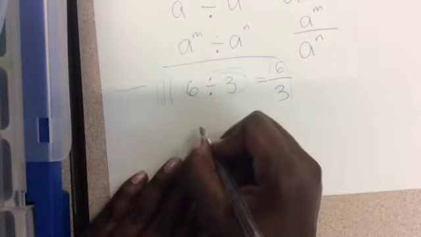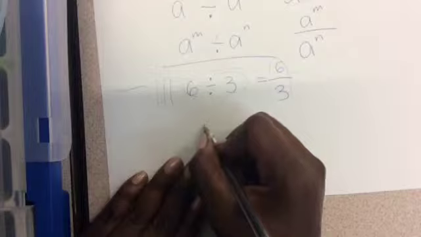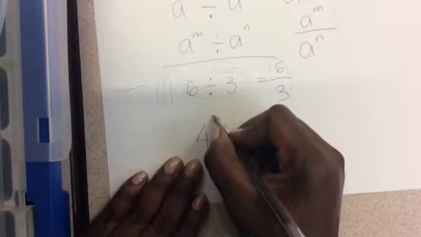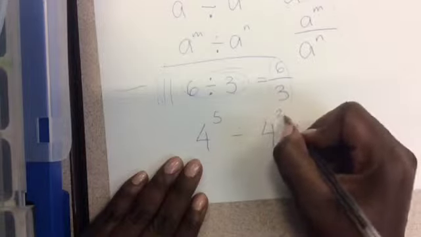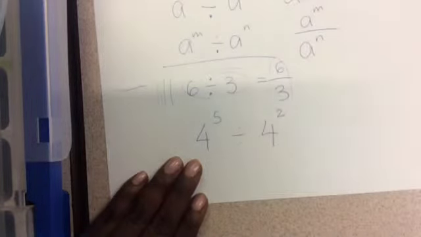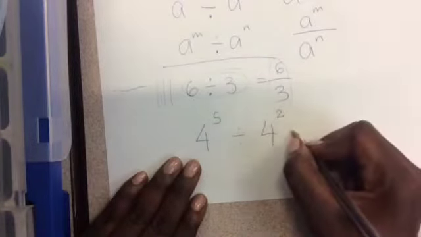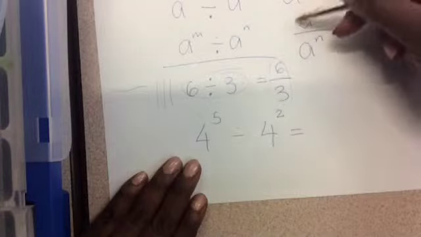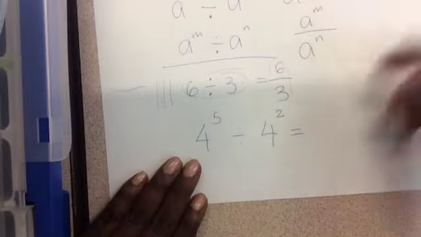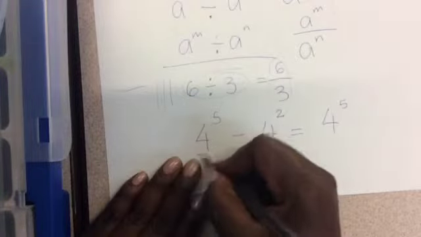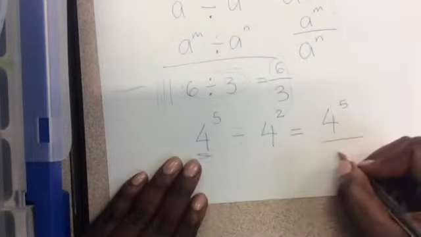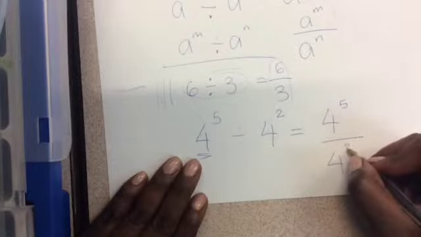Let's say we have 4 to the power of 5 divided by 4 to the power of 2, or 4 squared. Okay? Now, first I'm going to write it in its column form as a fraction. So I'm going to put the first part of the division on top and the second part of the division on the bottom.